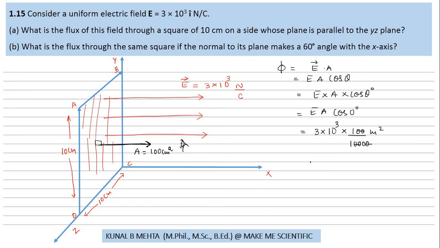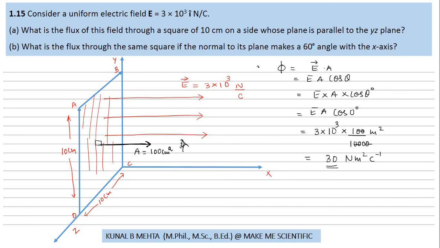Again, these two zeros would be cancelled with the two zeros from the top. So our answer would be 30, and you can check by yourself that it is Newton meter square Coulomb raised to minus 1. Correct? Because Newton per Coulomb is the SI unit of electric field and area is meter square. So this is our answer, guys.